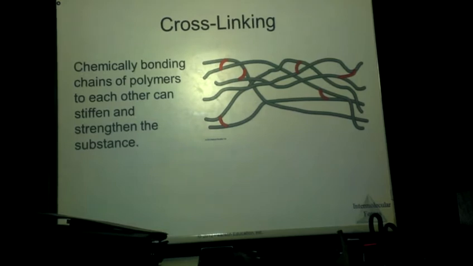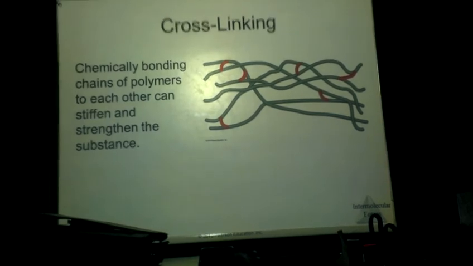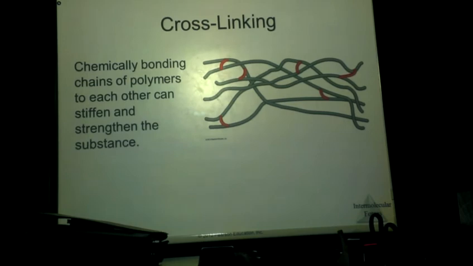Whenever we cross-link, we stiffen what that polymer chain looks like, and it will strengthen that substance. So I've forced those polymers to be even closer to one another, and I'm inhibiting more of their movement, so they have to have more intermolecular attraction holding them together. The greater the number of cross-links, the more rigid that polymer is going to be.